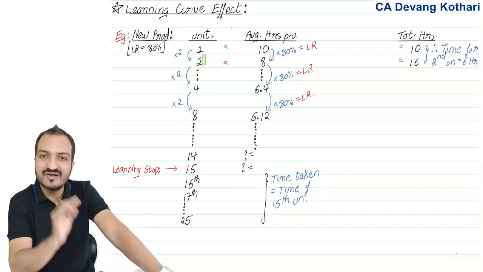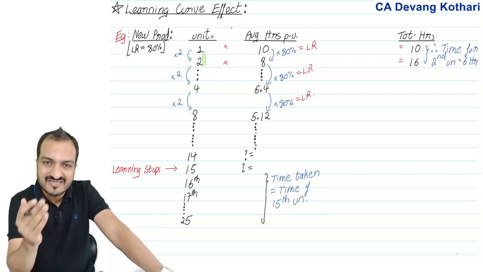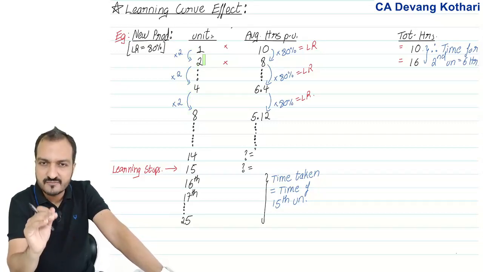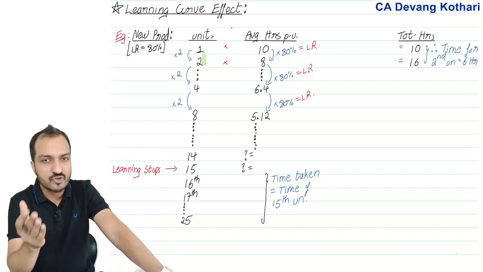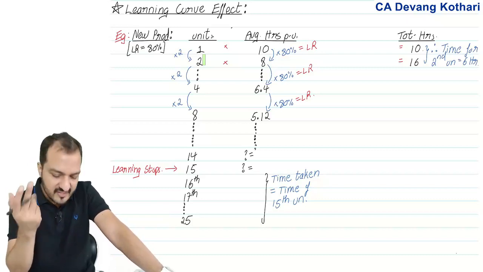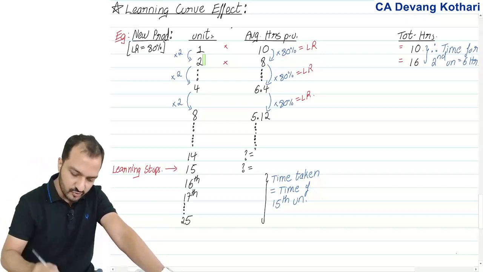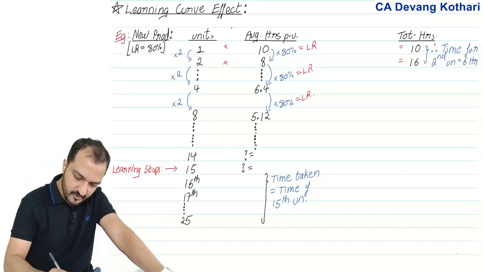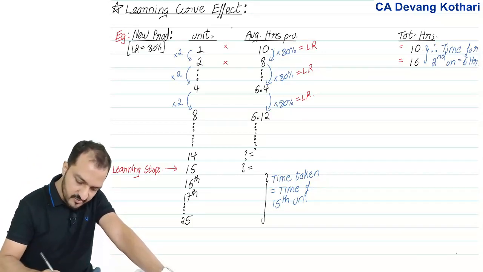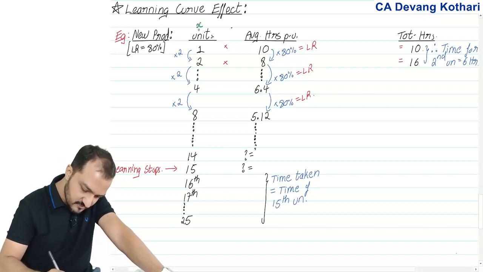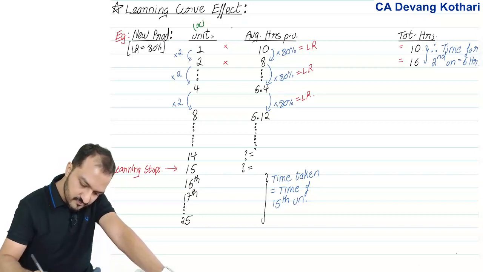I'm not getting into the derivation of the formula because derivation is pure statistics, pure mathematics, and I'm not sure how good you are at mathematics, but anyways, I will directly give you the formula. For the purpose of the formula, the number of units is x and the average hours per unit is y.